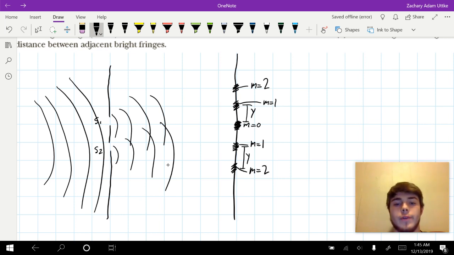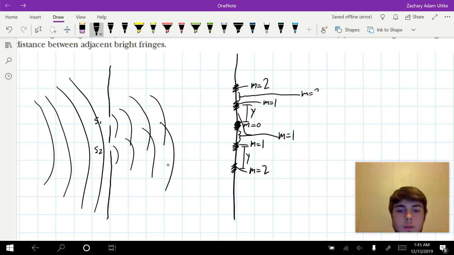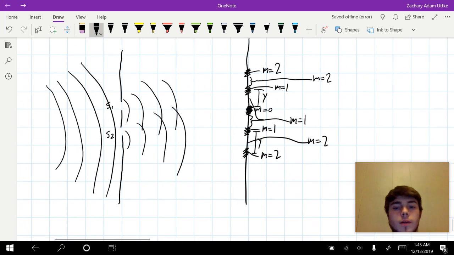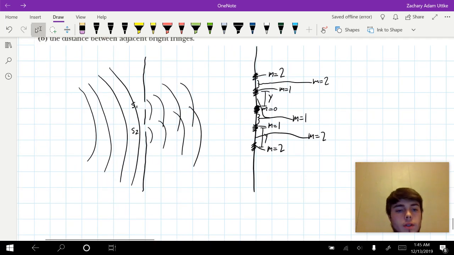These are the bright fringes, and the space in between, those are dark fringes. So here you have m equals 1, as well as here, m equals 2.